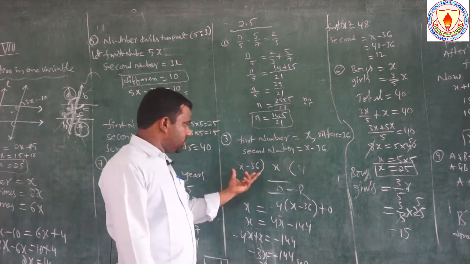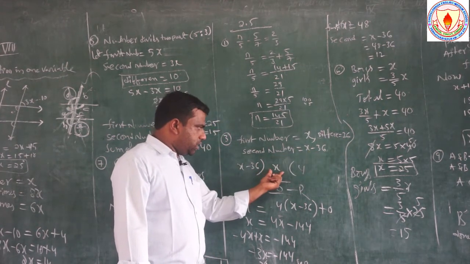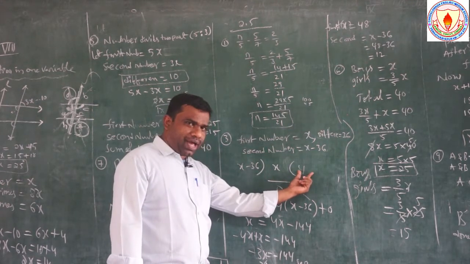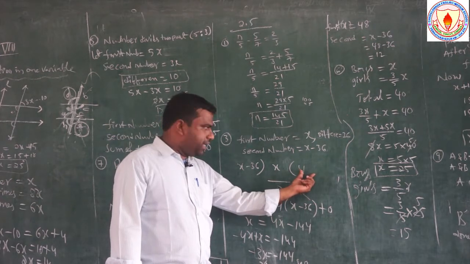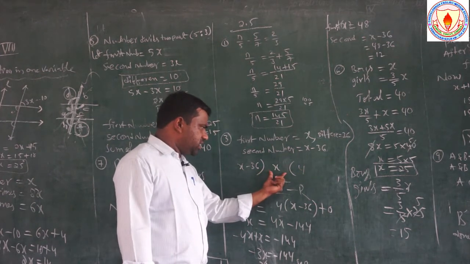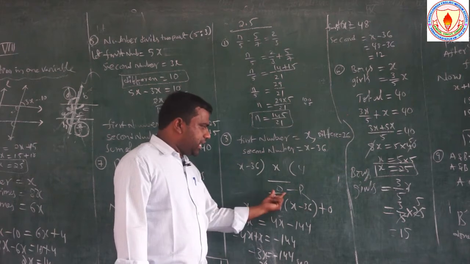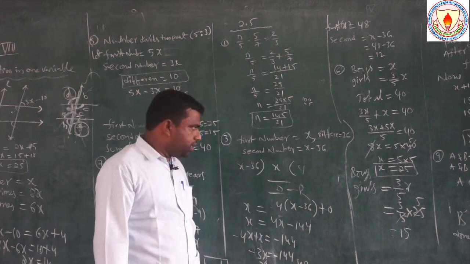Next, here it is division: this is the dividend, this is the divisor, this is the quotient. The quotient is already given in the textbook as 4, the dividend is x, and the divisor is x minus 36. The remainder is 0. What is the division algorithm theorem?